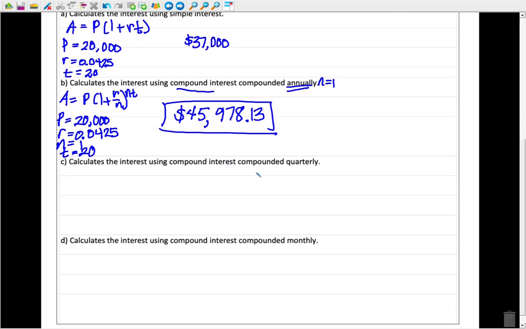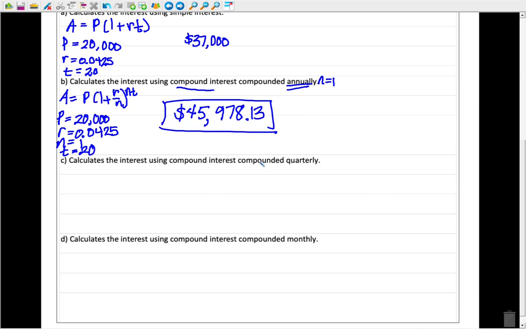All right, so I'm not going to write the formula down for the next two, but let's just know this. Everything is the same. We're going to use the same compound formula, the same principal, the same rate, the same time. What's going to be different for C and D is the compound, so the N should be different. If it says compounded quarterly, that means 4 times a year, so N is 4. And compounded monthly means my N is 12 because there's 12 months in a year.